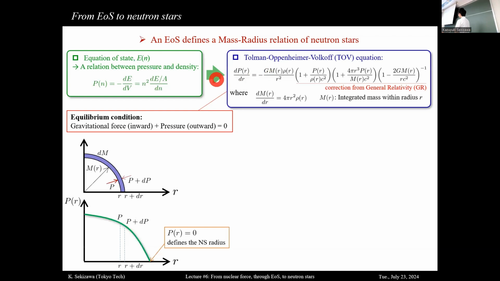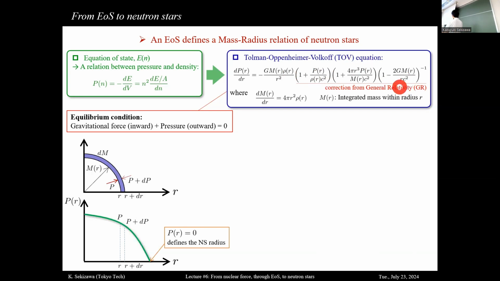Since we know this P of rho, the density dependence of the pressure, by solving this Tolman-Oppenheimer-Volkoff equation, we have pressure at a certain distance or radius, and then we can convert this pressure into density.